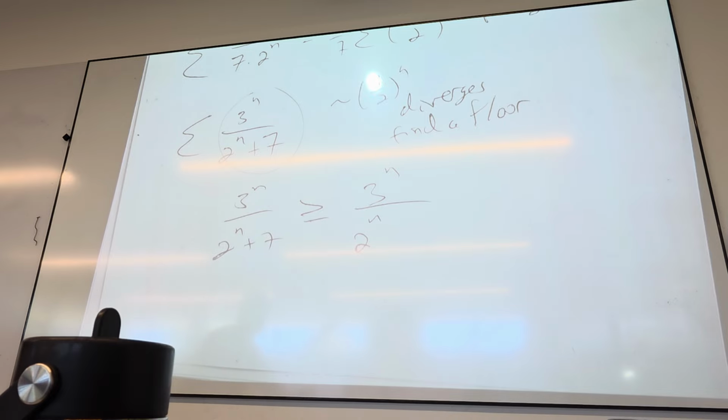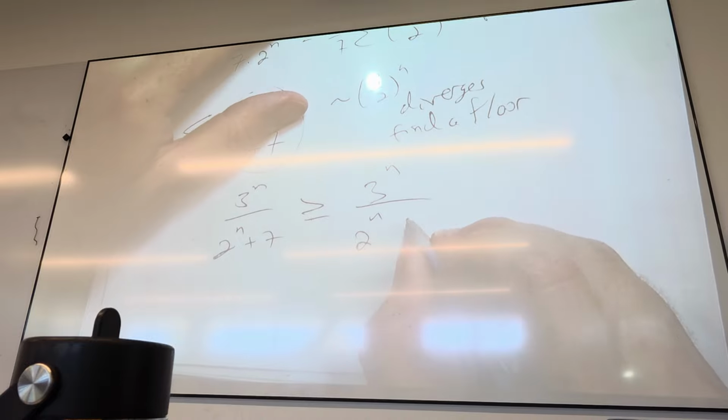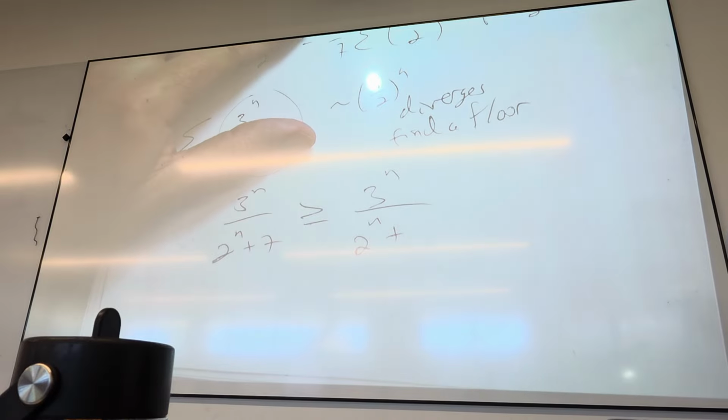If I have a smaller series that converges, what do I have to do? Do I have to do anything? It can converge, it can go to infinity. Whatever you want to do. So, how do I make this like terms?